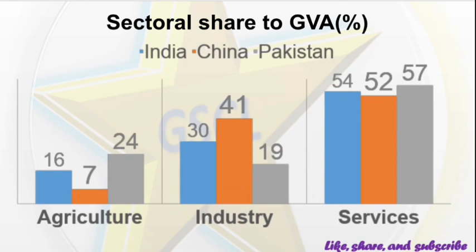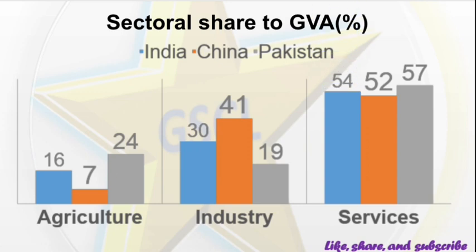In India, 16% contribution towards the gross value added was from the agriculture sector, 30% contribution from the industrial sector, and 54% contribution from the service sector.